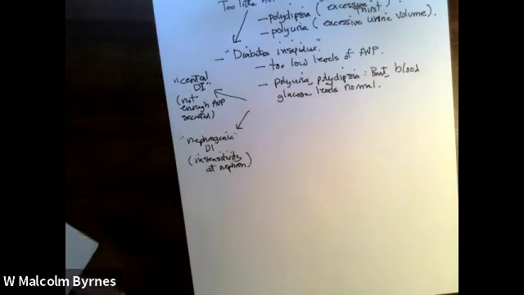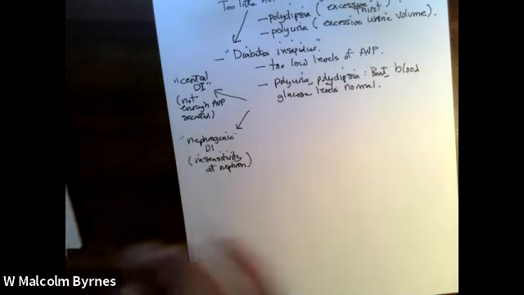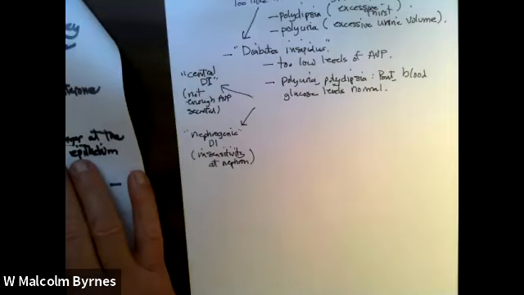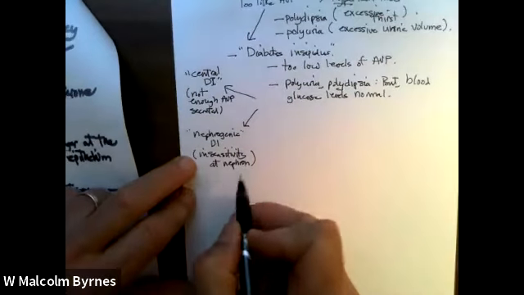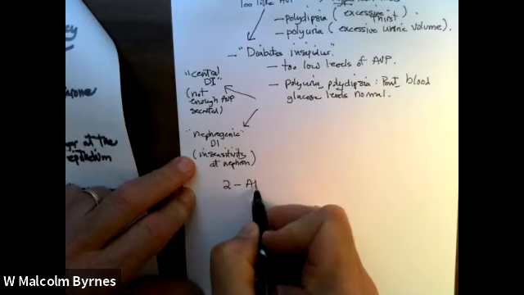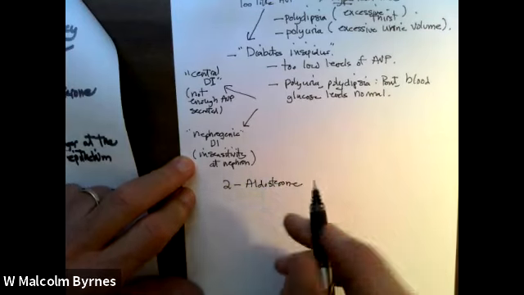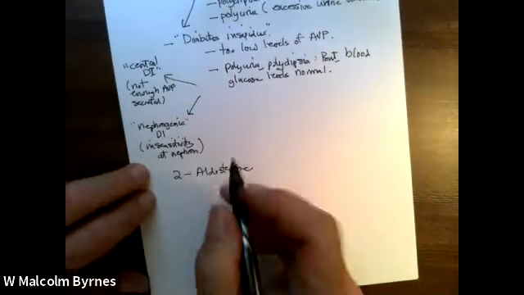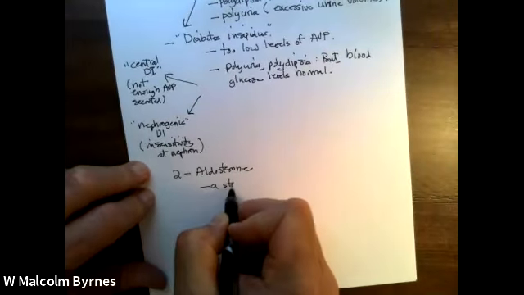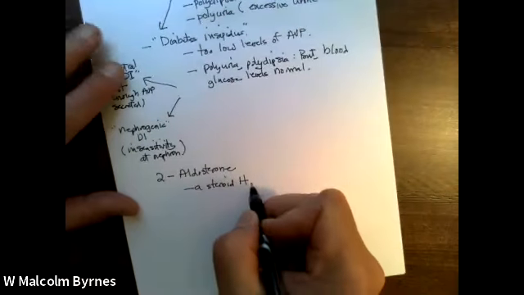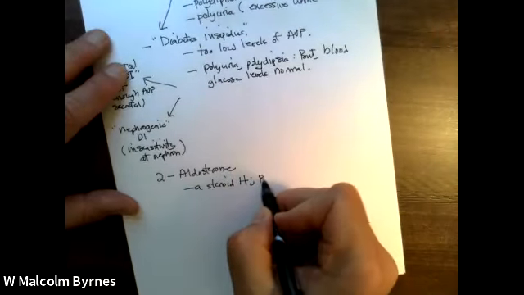All right, now let's talk about the other hormone, which is aldosterone. Aldosterone is a steroid hormone, and it's produced by the adrenal glands.